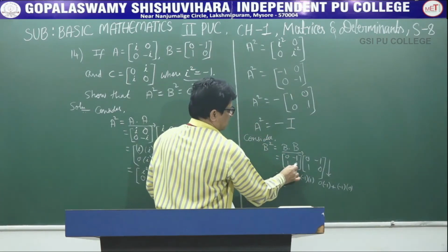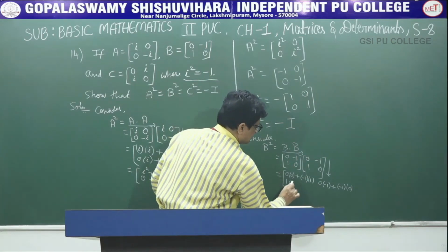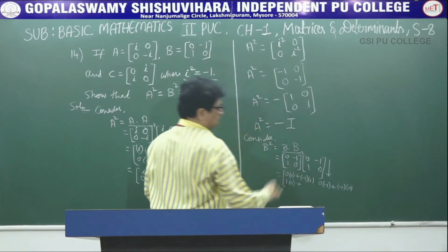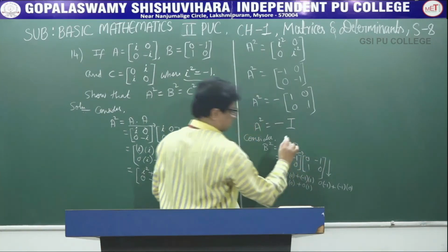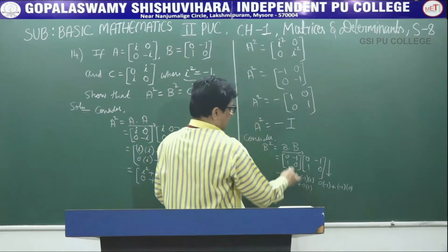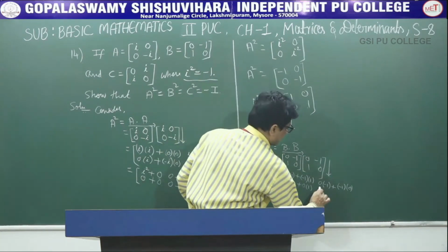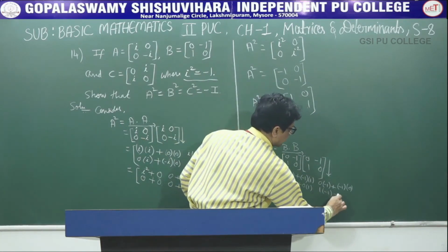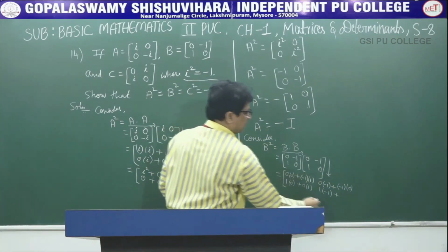Next row, second row into first column, 1 into 0 plus 0 into 1. So, next element is second row into second column, that is 1 into minus 1 plus 0 into 0.